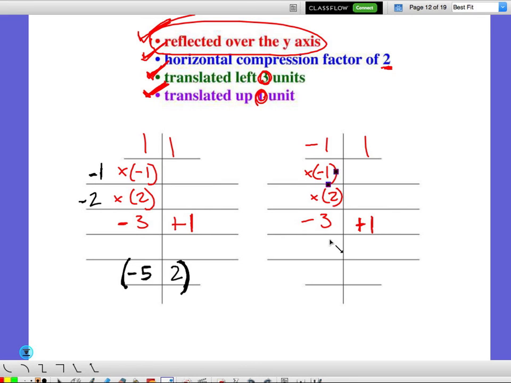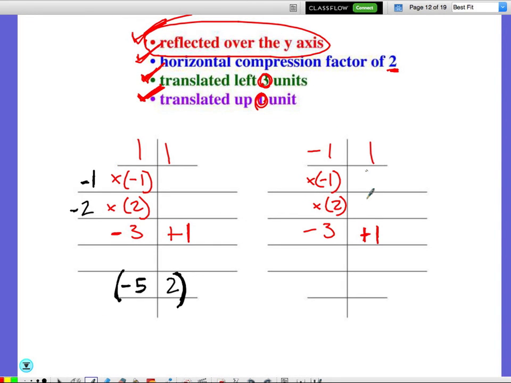And that's where we use this other table to find my final third point. Notice here on the right hand side stays the same. It's basically 2. But this time we have negative 1. So let's go ahead and calculate this. Negative 1 times negative 1 is going to be positive 1. 1 times 2 is 2.